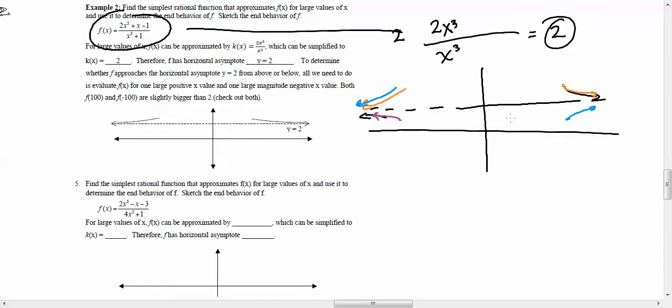There are 4 different possibilities. My answer to that is, well, there's a way to find out, but to be honest with you, I think the best way to do this is I would just say that it's going to approach 2.